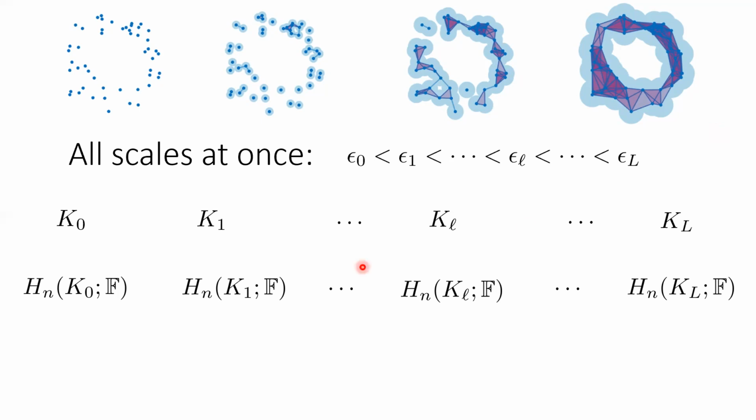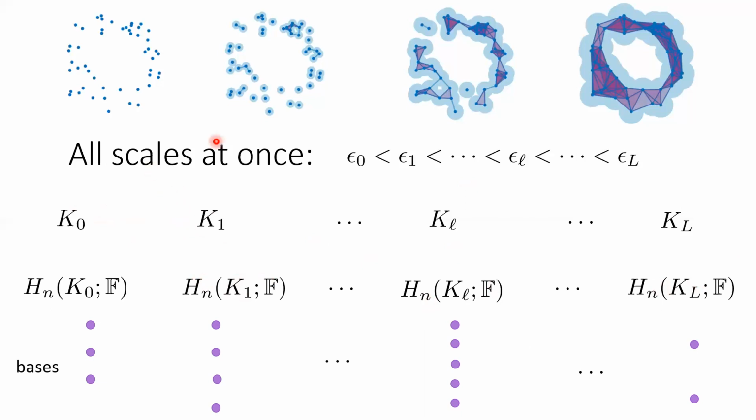As we said before, now that we have vector spaces here, we can find bases for them. So let's say, again, the purple dots represent the basis of each one of these vector spaces. And the thing to remember is that not only do we have simplicial complexes here at every scale, but rather they are related via simplicial maps.